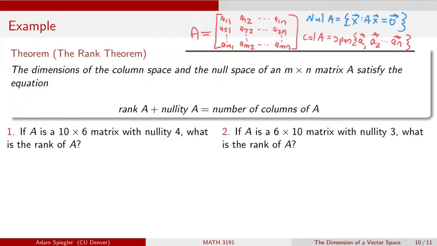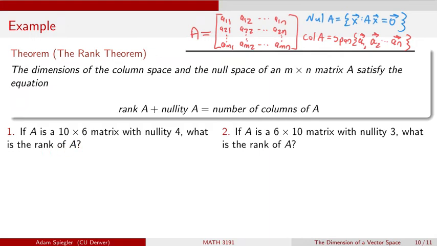Okay, so let's see how we can apply this rank theorem to answer a couple of questions down below. So question 1 is saying, if we know that matrix A has 10 rows and 6 columns, and the dimension of its null space is 4, meaning we have 4 free variables, what is the rank of matrix A?